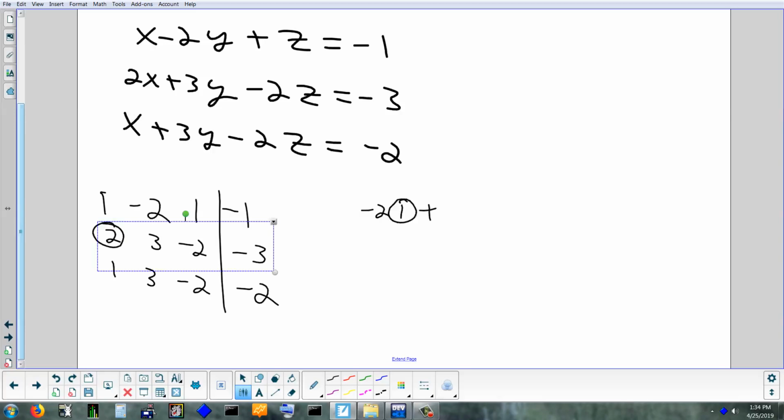Row 2. I'm going to add it to row 2. And so far, you've just done a bunch of math in your head. Where are you going to put that answer as you do it? It's going to replace what's in row. Well, I have a question. All right, let's just write that down first so we don't lose our train of thought. Where's that answer going to go? Row where? 2, yes.